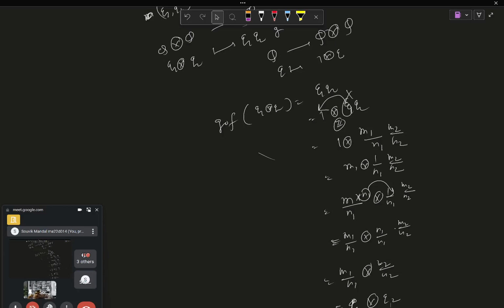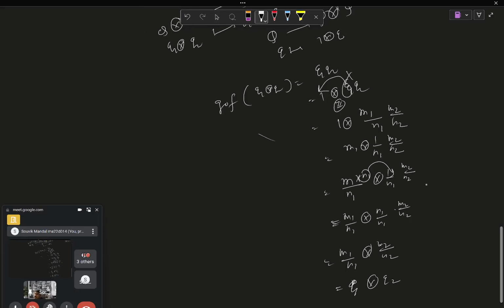In the case of the reverse map, Q tensor Q to Q, there is a map q1 tensor q2 goes to q1 q2. And where does G come from?